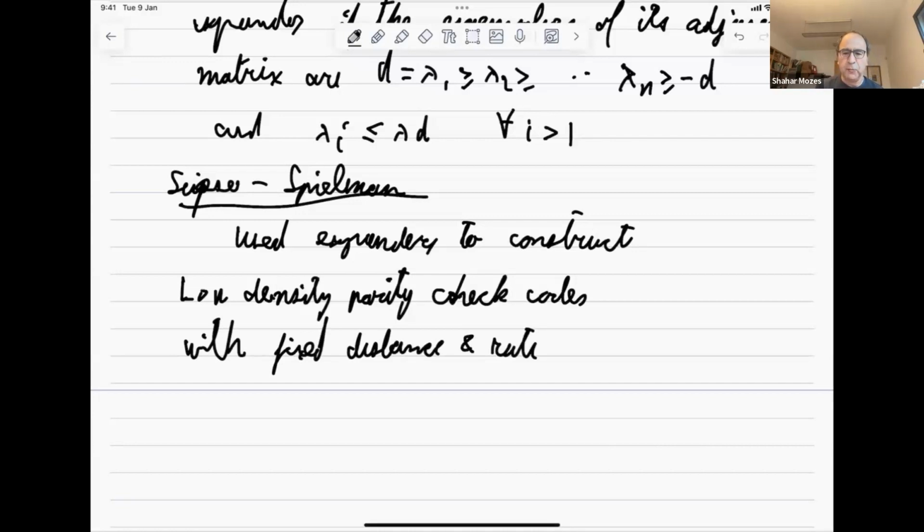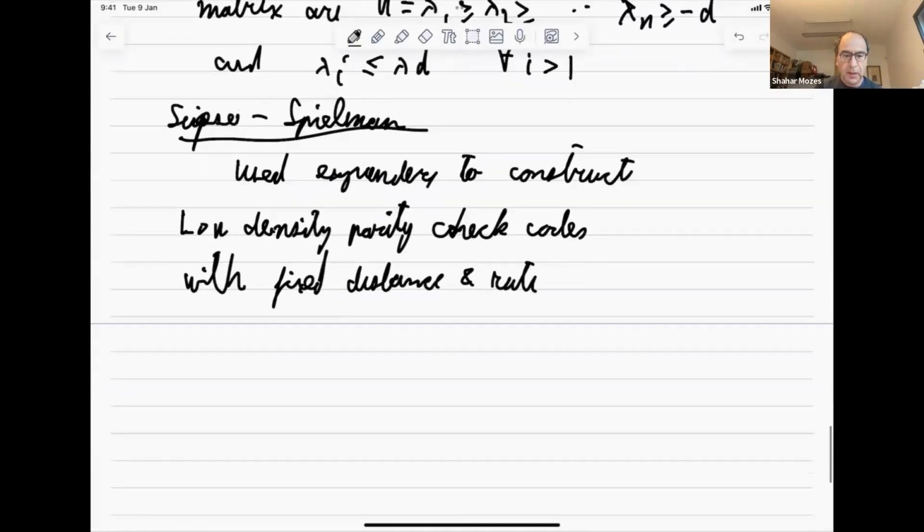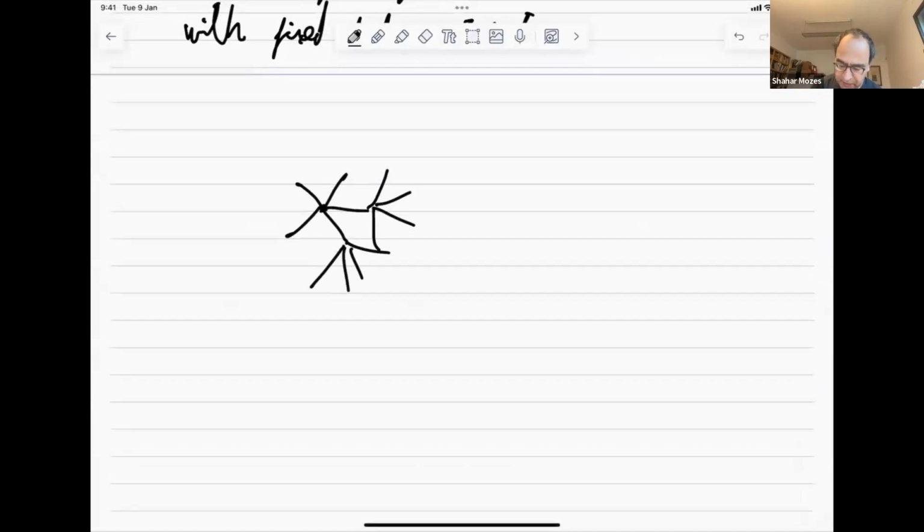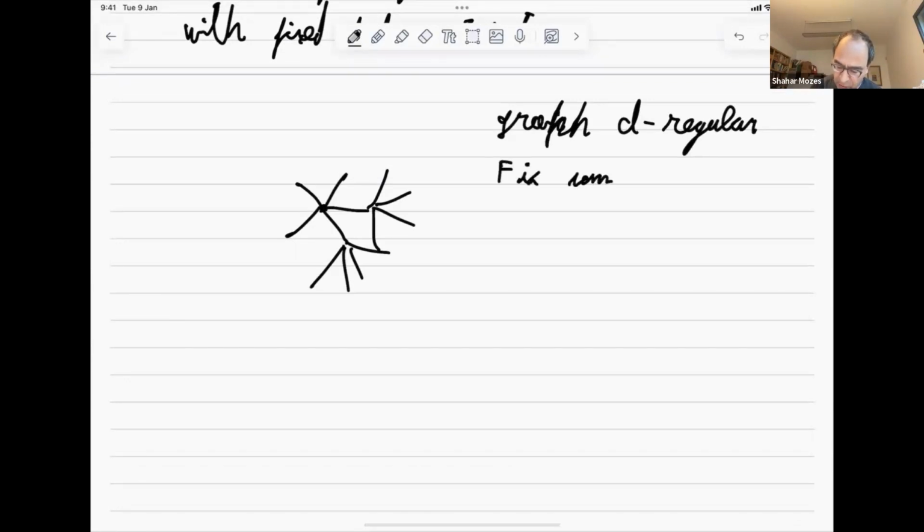So let me describe that construction, because what we are doing is in many ways just a generalization of this. So what they said, you start with a graph. You have some d-regular graph. And you fix some base code C0 in F2 to the d, just some code on words of length d, where d is the degree of the graph.